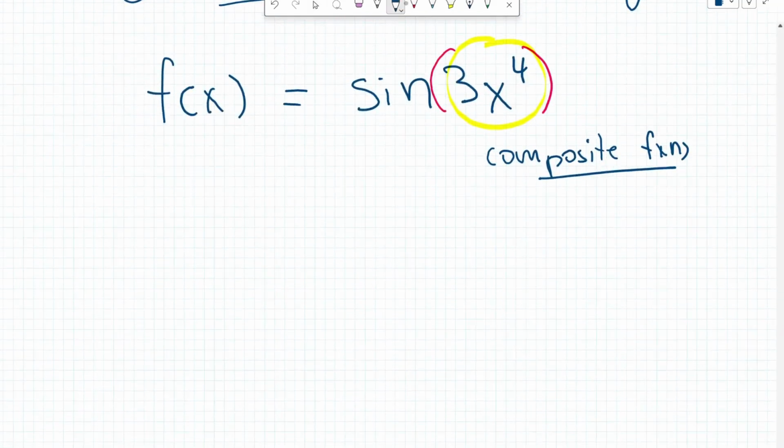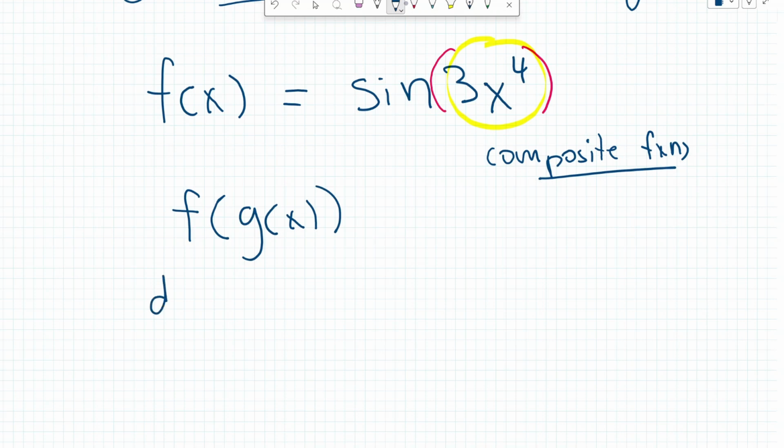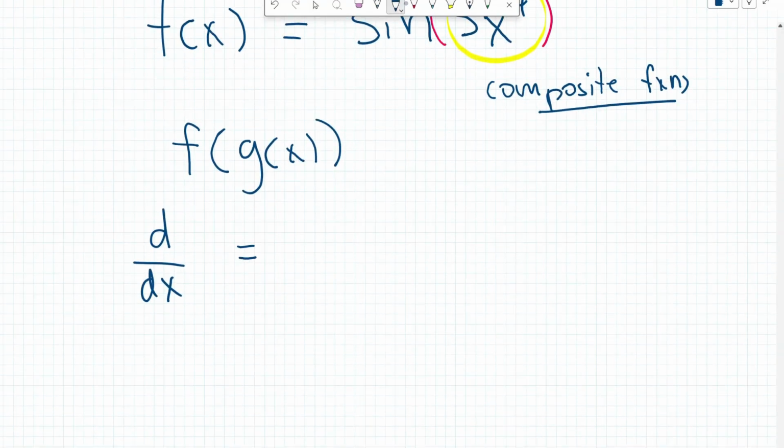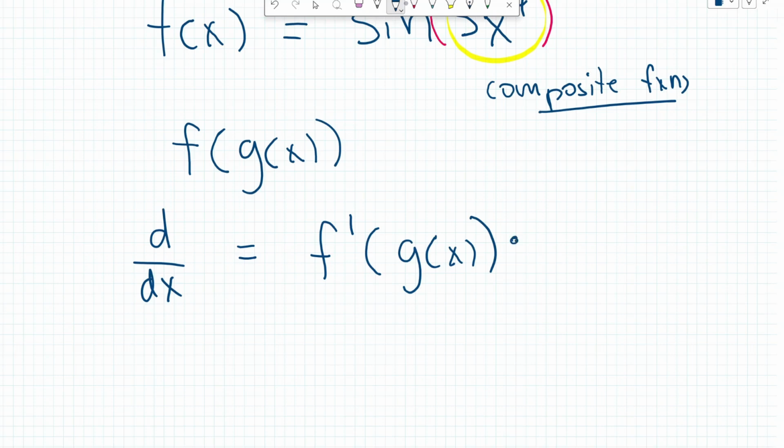So the chain rule states that if you have some function that's f of g of x, the derivative with respect to x equals the derivative of the outside function, keeping the inside function the same, multiplied by the derivative of the inside function.